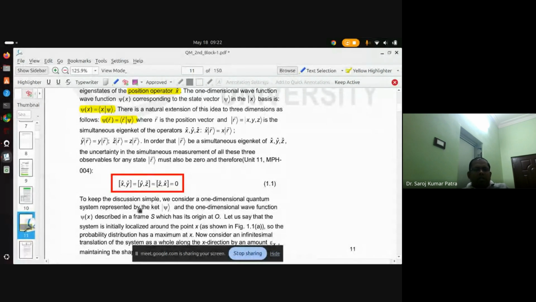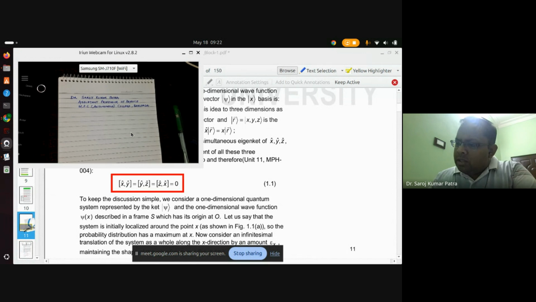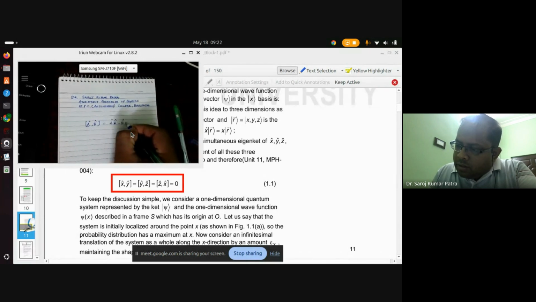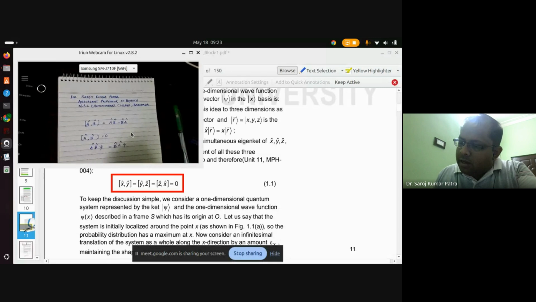Let me remind you a little bit, coming back to my notes. If I write [A, B], this is nothing but AB minus BA. When we write this equal to 0, what I mean is that A cap B cap operating on ψ must be equal to B cap A cap operating on ψ.